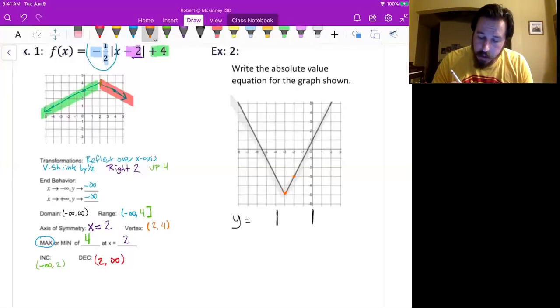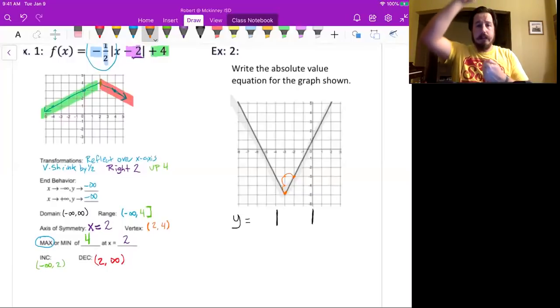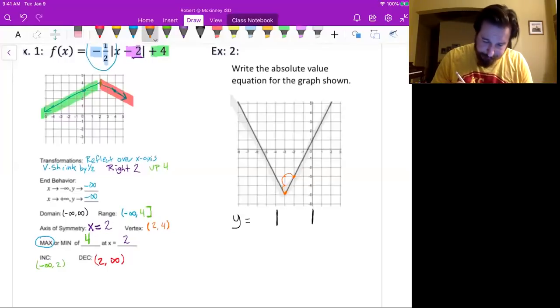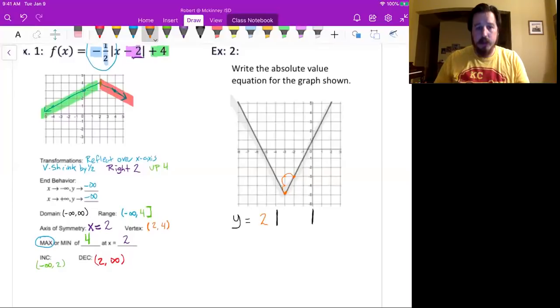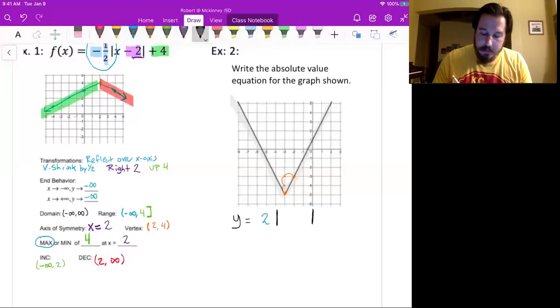Here I can see it goes up 2 over 1, meaning that my A value did have a stretch pulling it up higher. So I start there with a 2. Let me actually make that same color as my A values have been. Okay. Inside the absolute value, I have X.